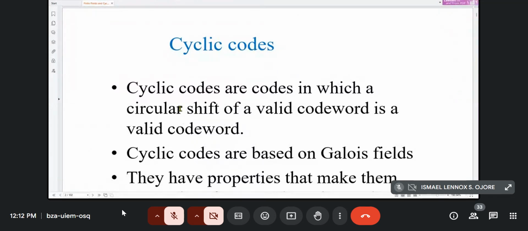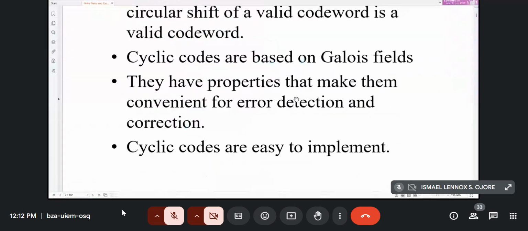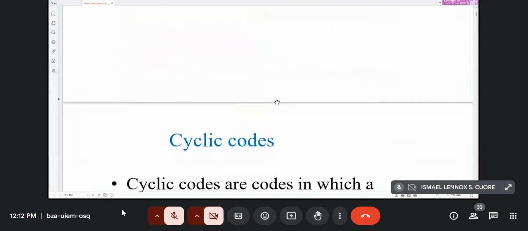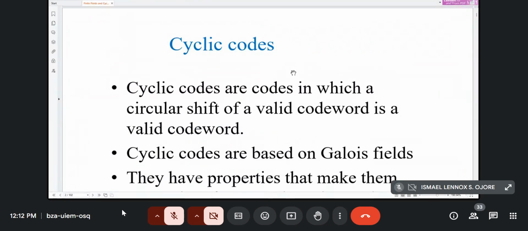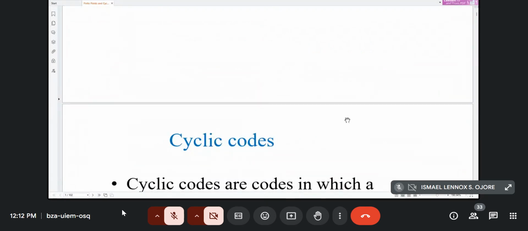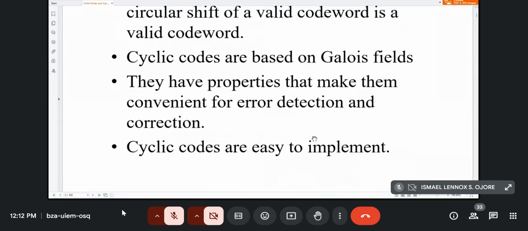You remember the example we were working with? We are working with the 7-4 linear block code, a linear systematic block code. I hope you are still familiar with those terminologies, linear and systematic.